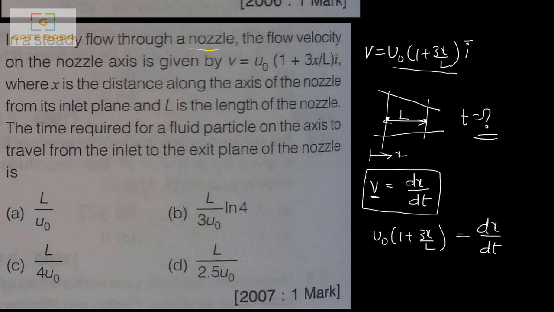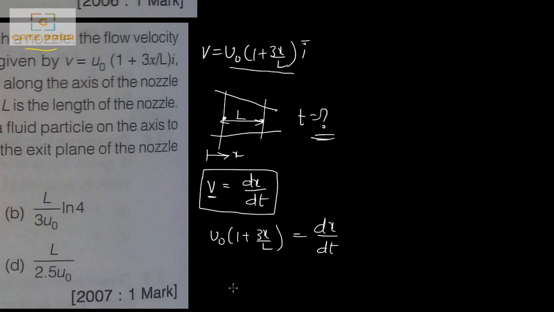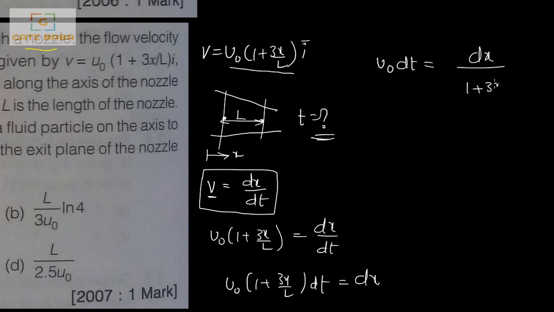From that I can separate the variables and integrate. So u naught of 1 plus 3x by L dt equals dx. The x term is here, so take this term to this side, and that becomes u naught dt equals dx divided by 1 plus 3x by L. Now just integrate, then you will get the time.